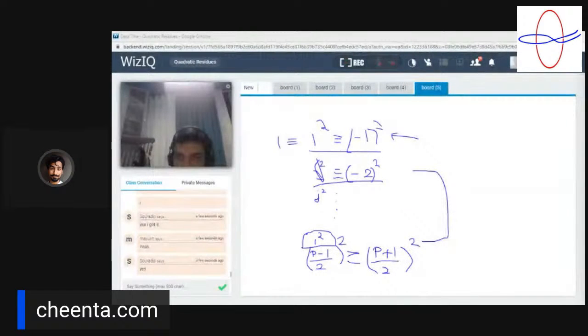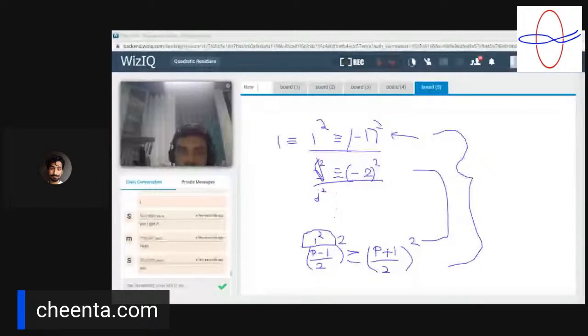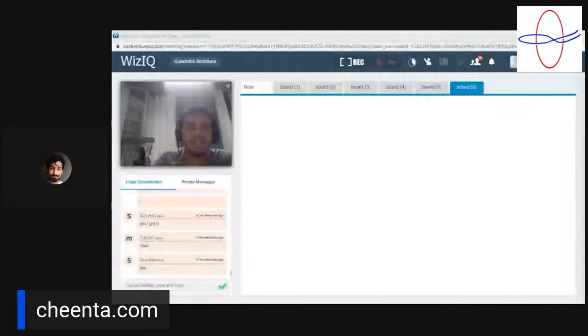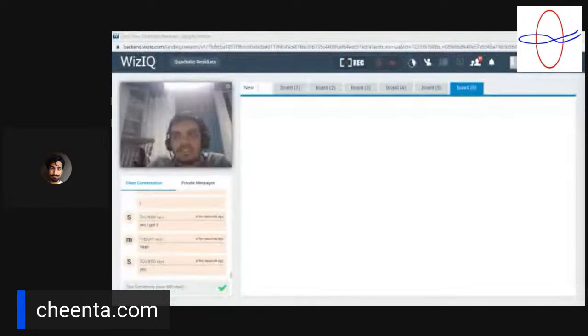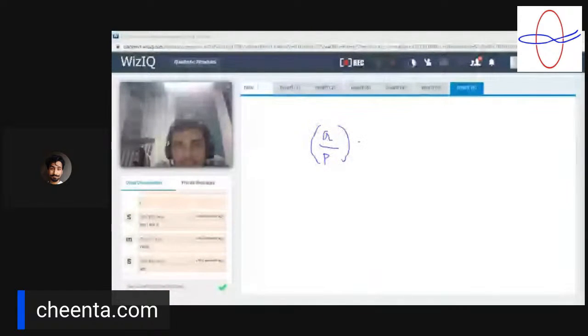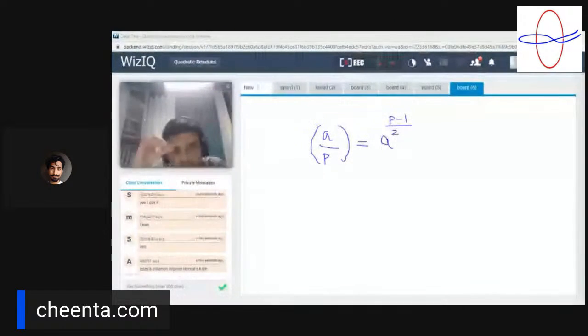Now that we have shown that there are exactly (p-1)/2 different values, let's look at a raised to (p-1)/2, which is Euler's criterion.